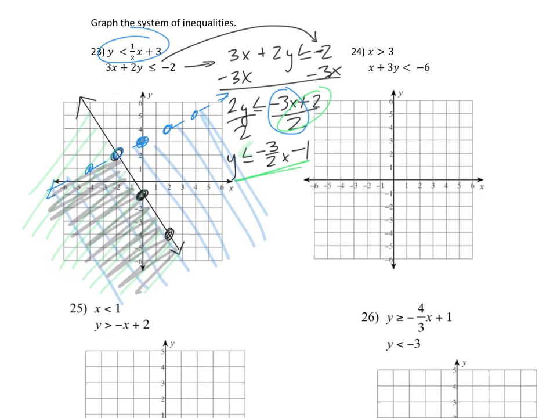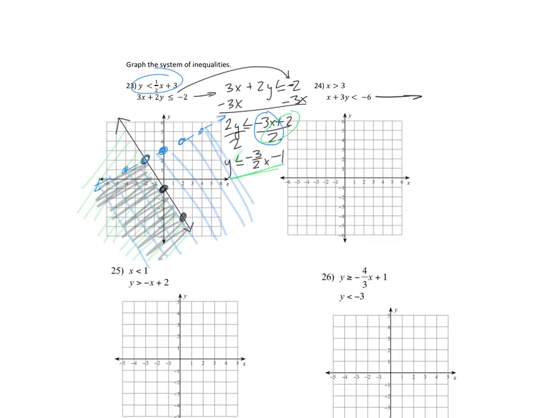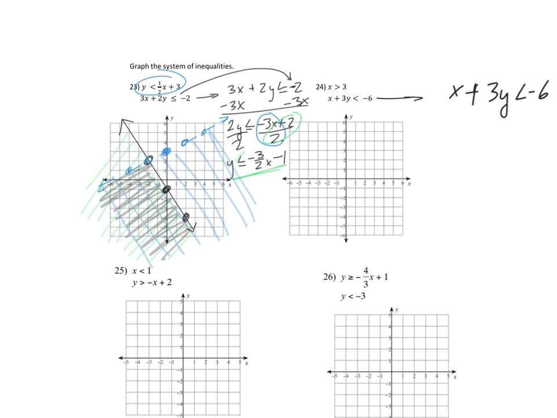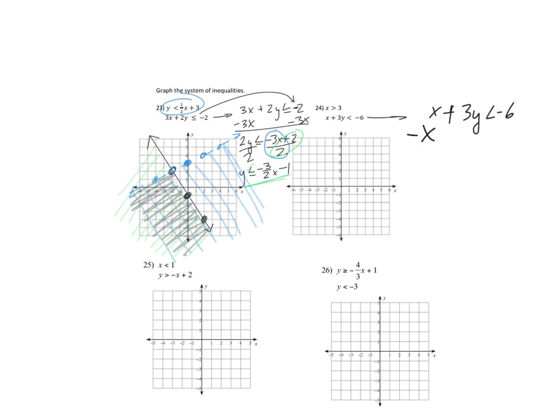Okay, number 24. I would probably go ahead and convert this one to slope-intercept because it's pretty easy. So I would subtract x from both sides. That's going to leave me with 3y is less than negative x minus 6.